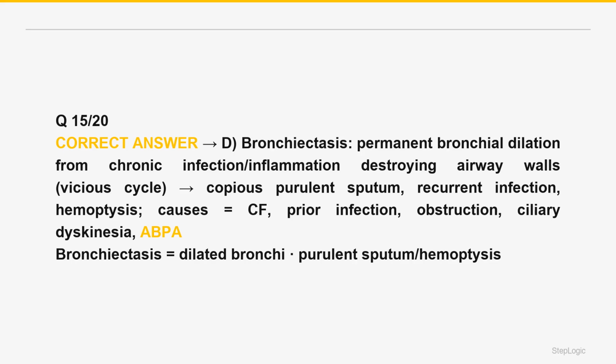The clinical picture is a chronic cough productive of copious, foul, purulent sputum, recurrent respiratory infections, and hemoptysis. The inflamed, dilated airways have fragile vessels, with clubbing in chronic cases.